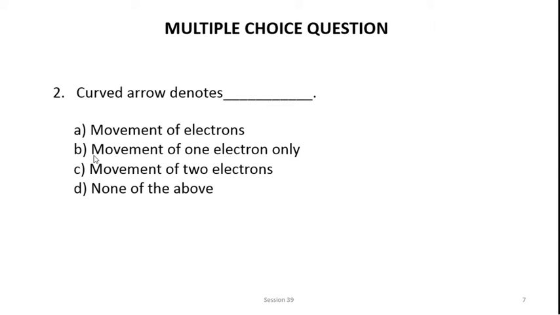So it may not be only movement of 1 electron or only movement of 2 electrons. It will be movement of electrons. It may be either 1 or it may be 2. So curved arrow denotes movement of electrons.